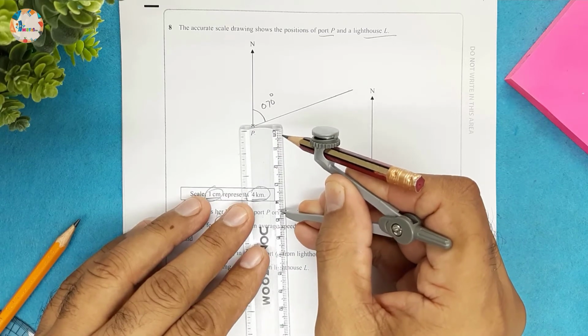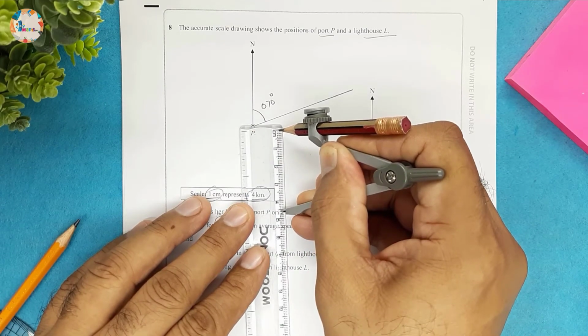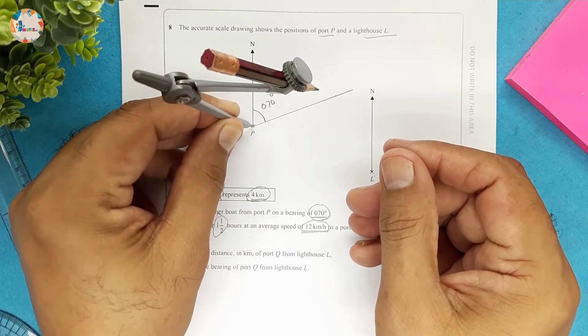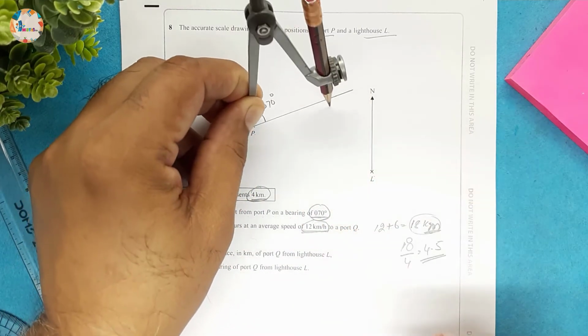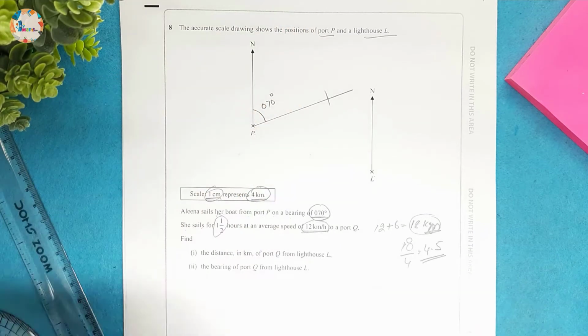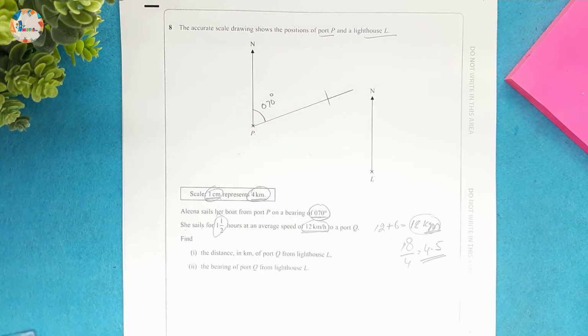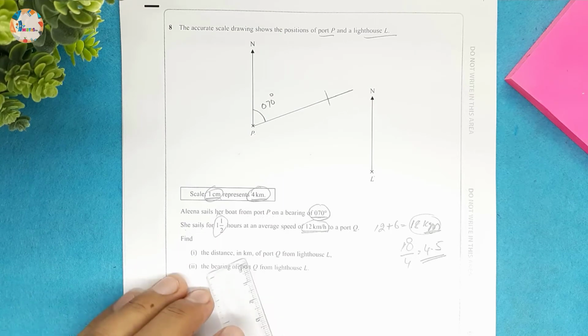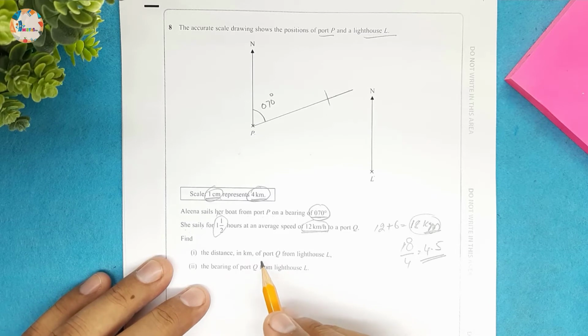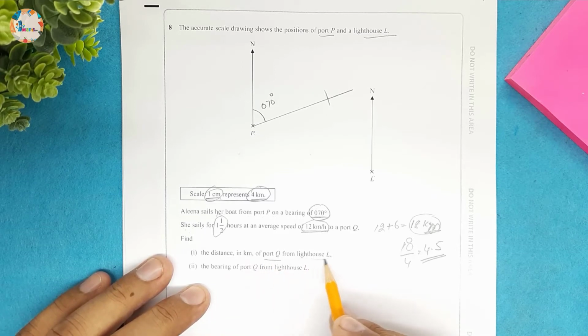We can check, this will be 4.5 accurately, and now we can put it here and intersect this one, and this will be basically the point of intersection.